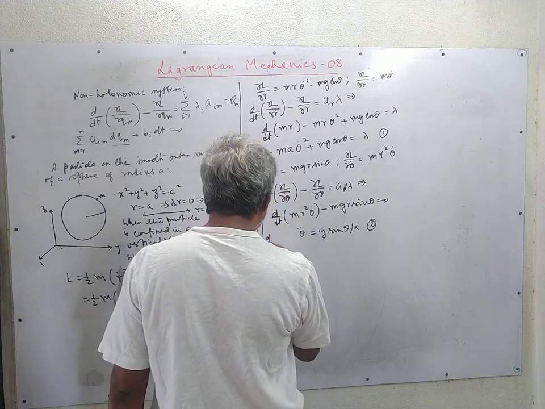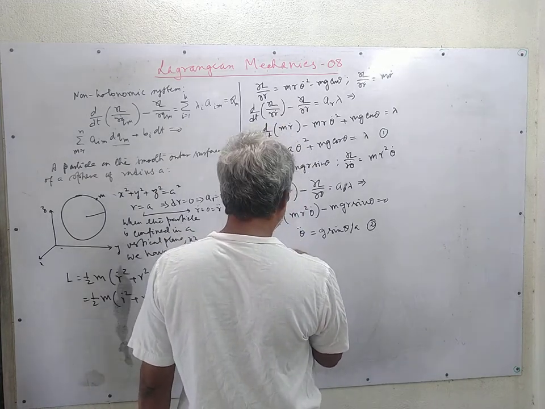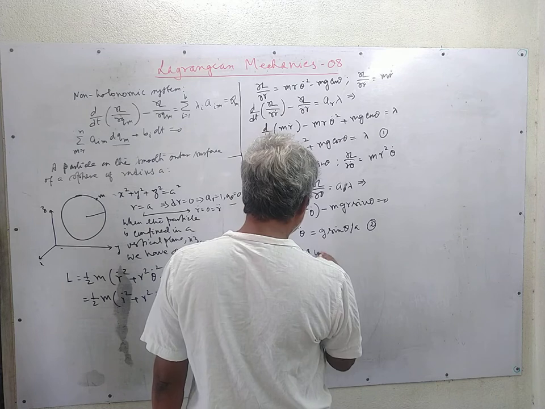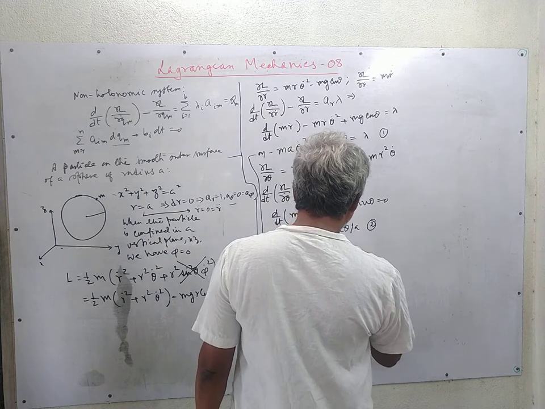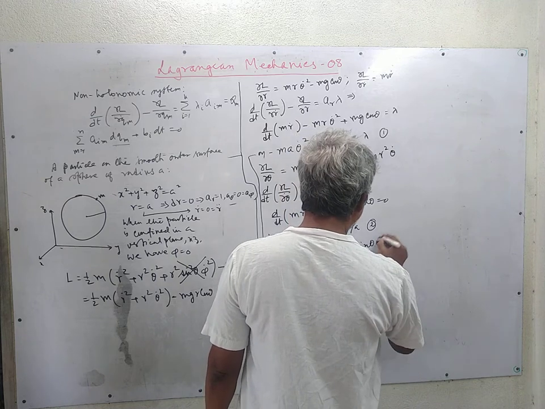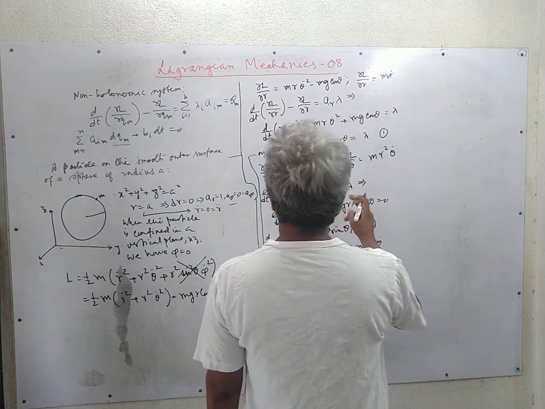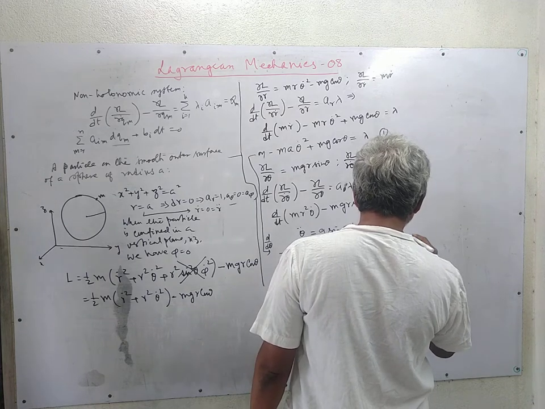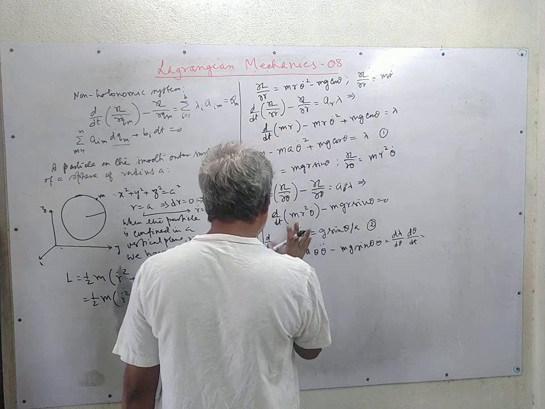So by operating d/d theta, we get minus twice m a theta dot theta double dot, this being the differentiation of this term, minus mg sine theta, theta dot, and then d lambda.